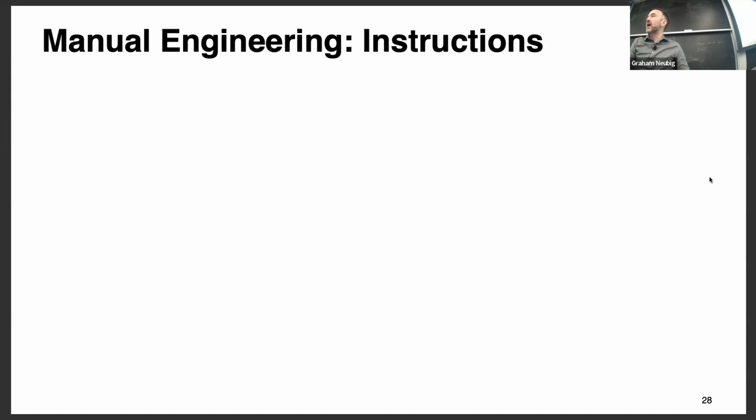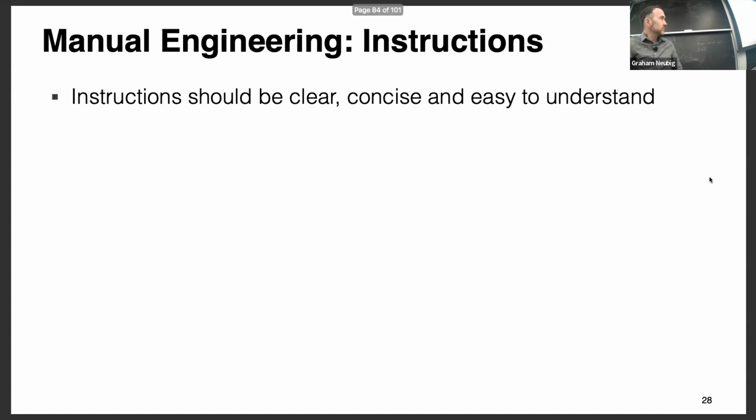Another thing is, how do you give instructions to models? Instructions should be clear, concise, and easy to understand. One very funny thing is, I think now actually prompting language models is very similar to prompting humans, especially if we're talking about GPT-4.